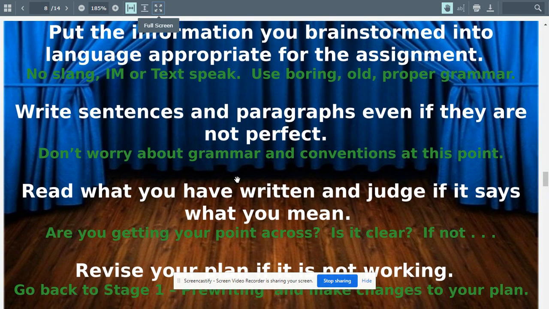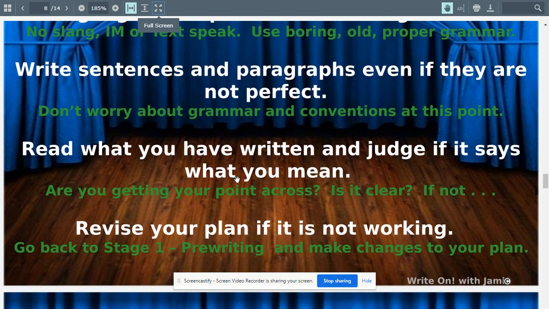All right, what can you ask to accomplish this goal? You can read what you have written and judge if it says what you mean. Are you getting your point across? Is it clear? If not, okay, go back to stage 1 and pre-write, okay? So are you getting your point across is number 19.